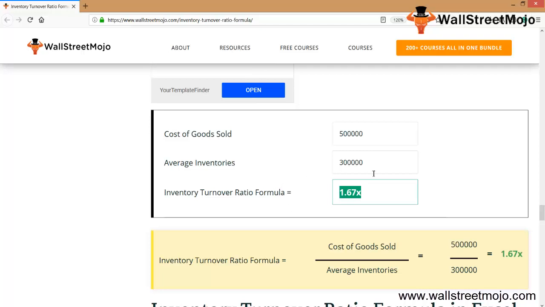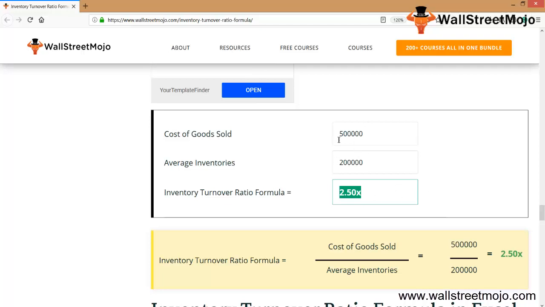And as the inventory amount goes down, your inventory turnover ratio goes up, and that means the company has been managing its inventory quite well, with lesser holding cost and fewer chances of obsolescence.